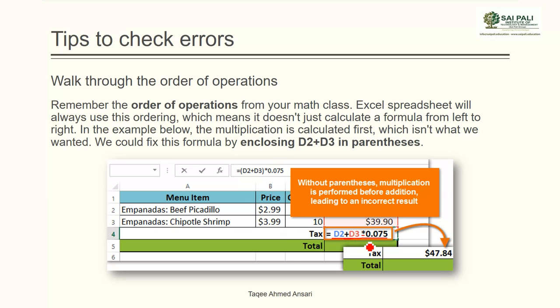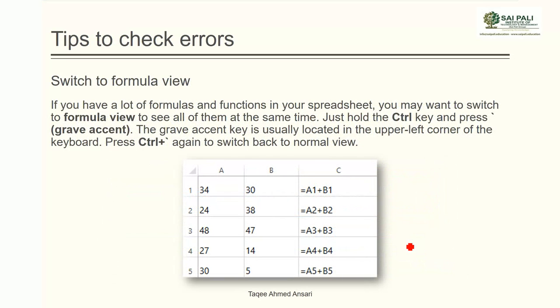The order of operations says do the multiplication first and then the addition, but we want to do the addition first. So in this case we have to add parentheses, and then you will get the right value. So remember the order of operations whenever you are applying a function or any formula.